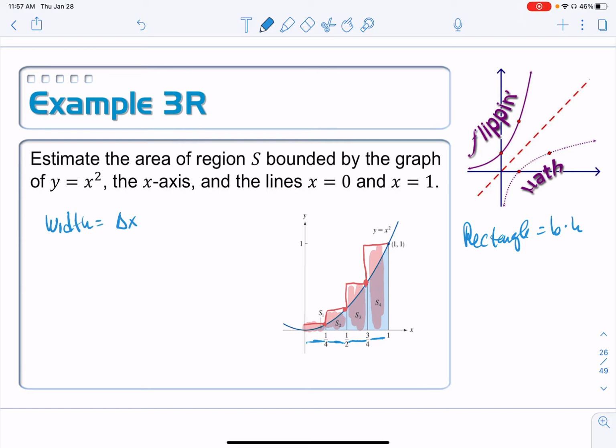In general, if they are all exactly the same, you take the width of your whole entire interval, in this case 1, and you divide it by however many subintervals you want, in this case 4. So obviously the width of each one of these rectangles is 1/4. The other thing that we need is a height, and the height is going to be a function value.